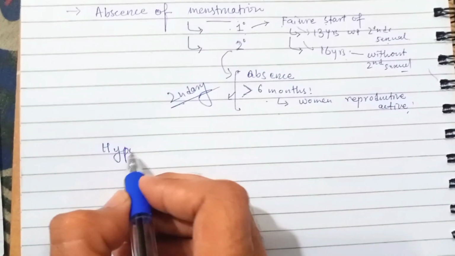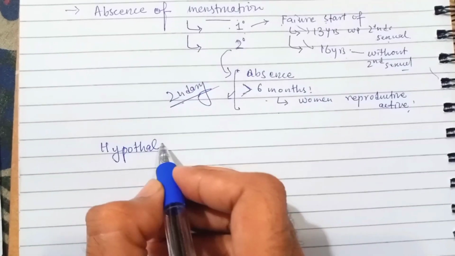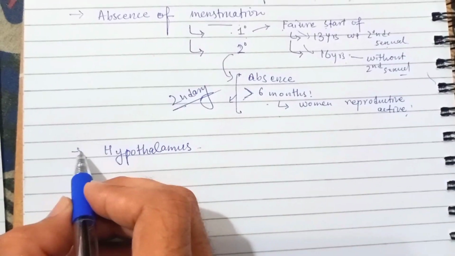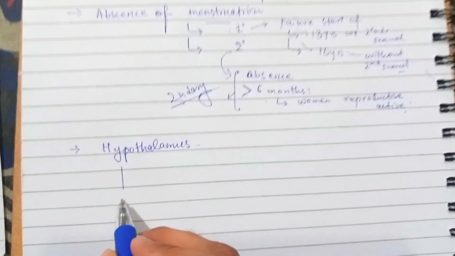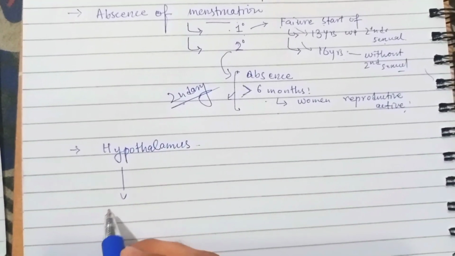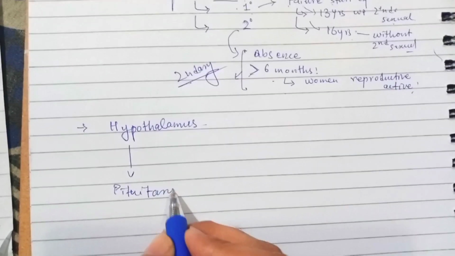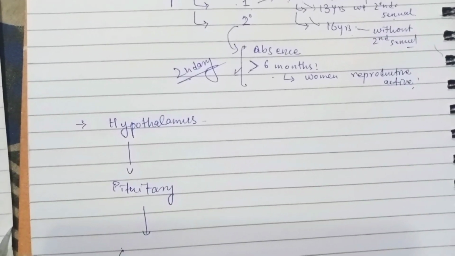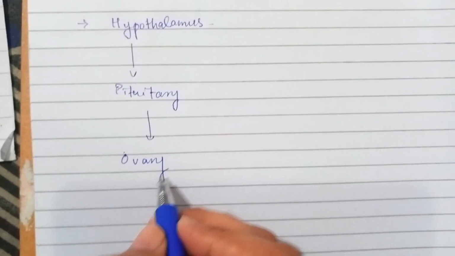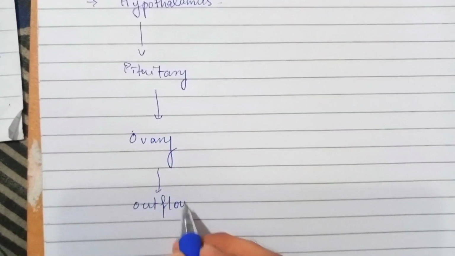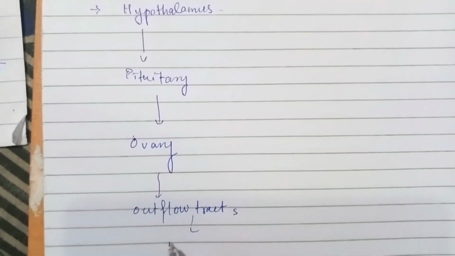The hypothalamus is mainly involved, and then the pituitary gland, and then the ovary, and last one is the outflow tracts, the genital tracts, and then menstruation occurs.